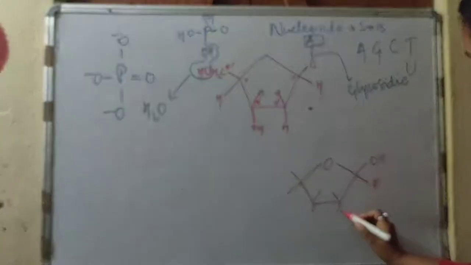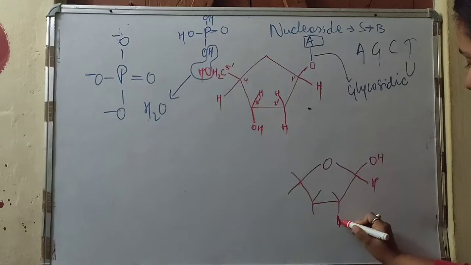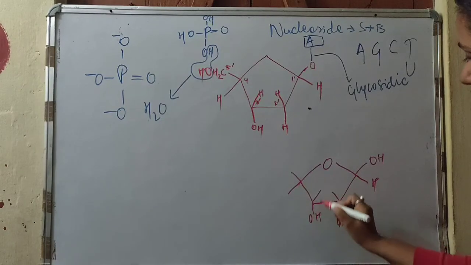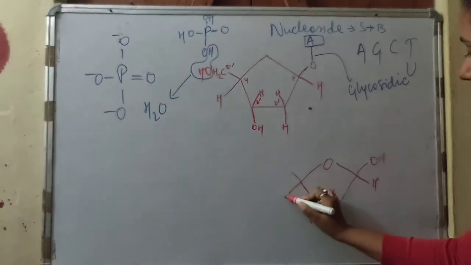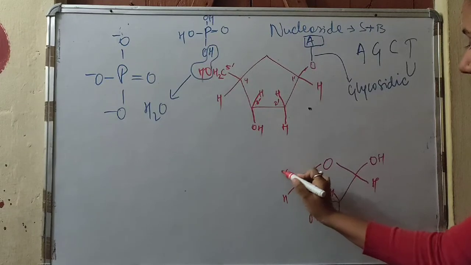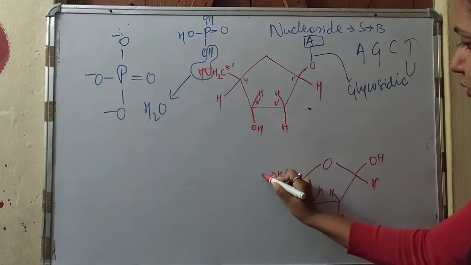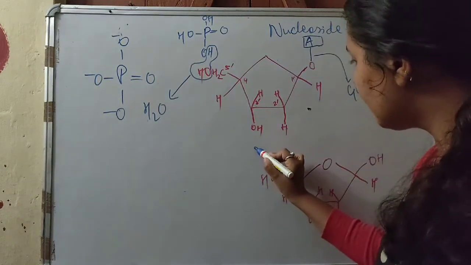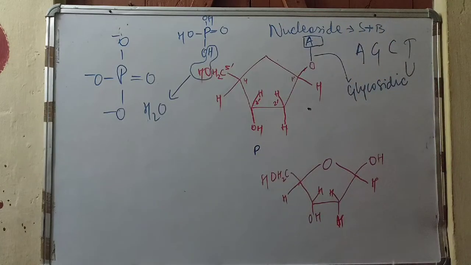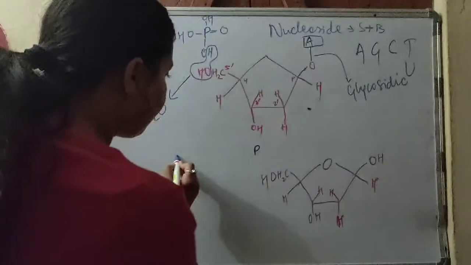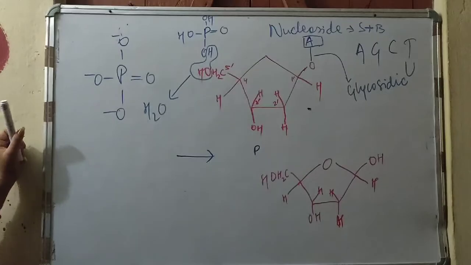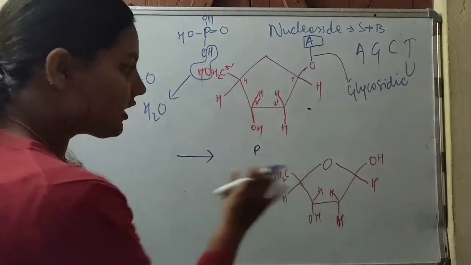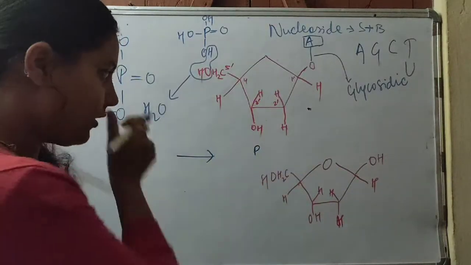And then here I have to draw only H, here OH, here H, here H, here H, and here CH2OH again. And now I am again having phosphate here. Now another phosphate will be coming over here, right? Because these two need to be attached by the phosphodiester bond.